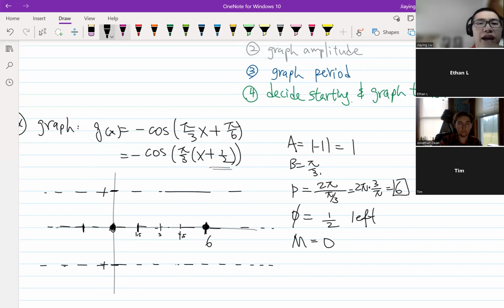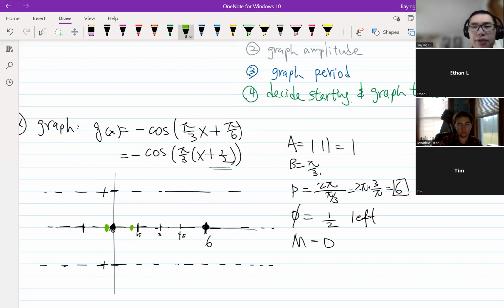So if I only move half unit to the left, so half unit is probably 1/3 of this. So that's going to be this much. So this is where the origin was on the y-axis. Now it's being shifted to the left to this green dot. And the 1.5 is going to shift it about 0.5 to the left there.